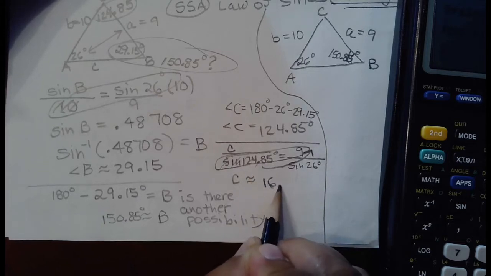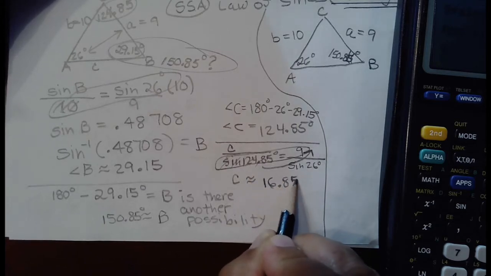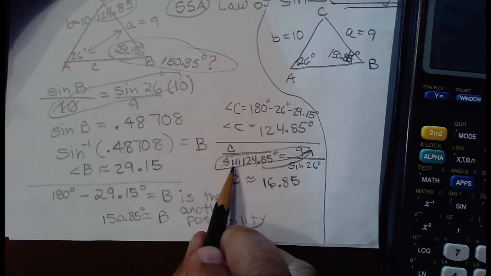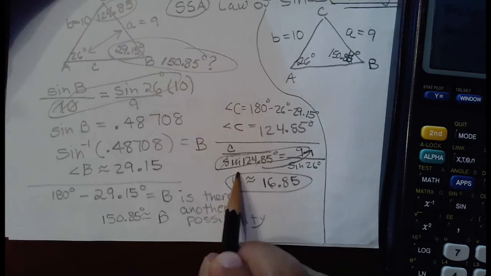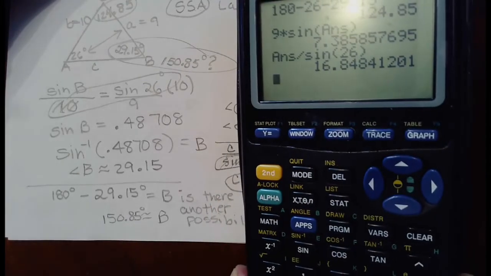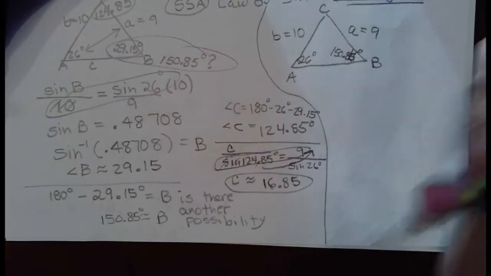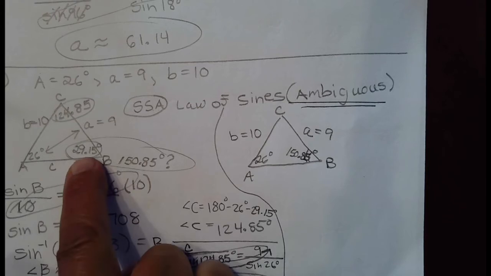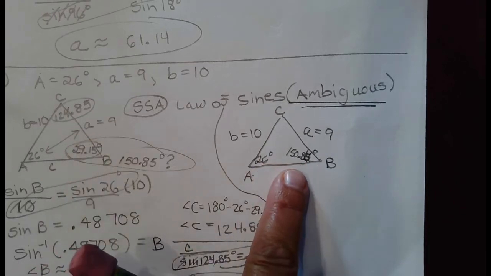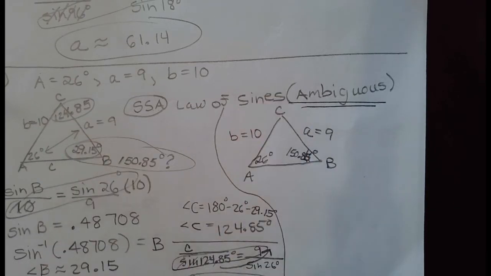Okay, moving on to this other triangle, where the only thing that's different is angle B rather than 29.15. So the two other answers that remain are going to change. First thing we'll do, we'll find angle C. Angle C will just be 180 minus the 26 minus the 150.85. We're just subtracting off the other two angles.